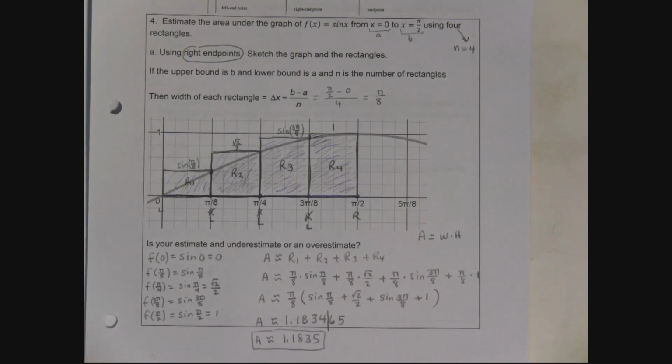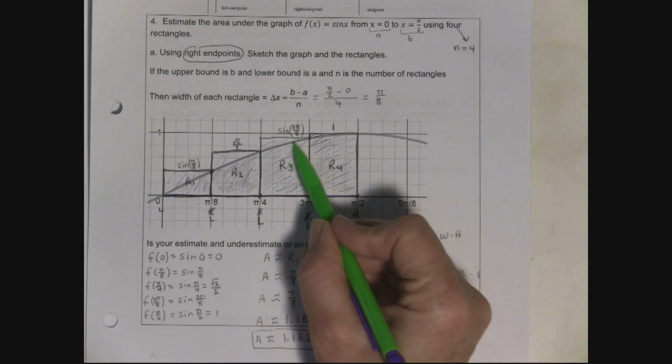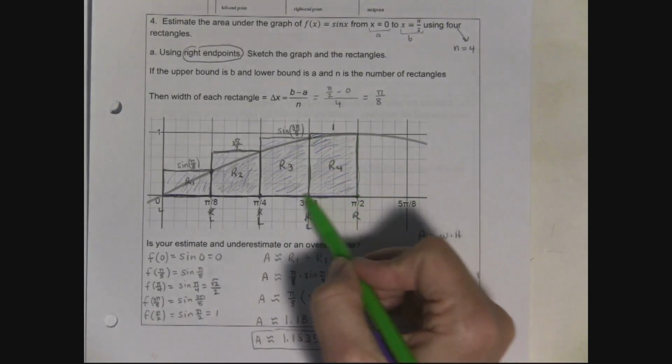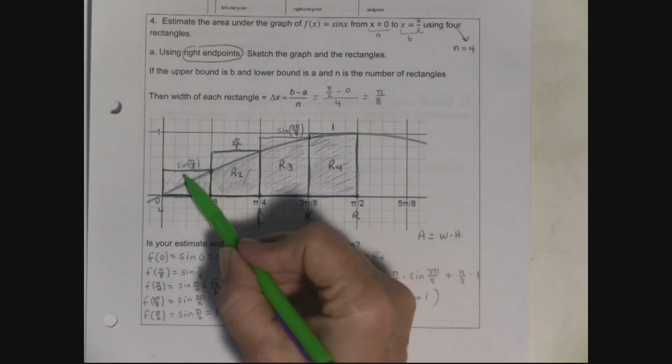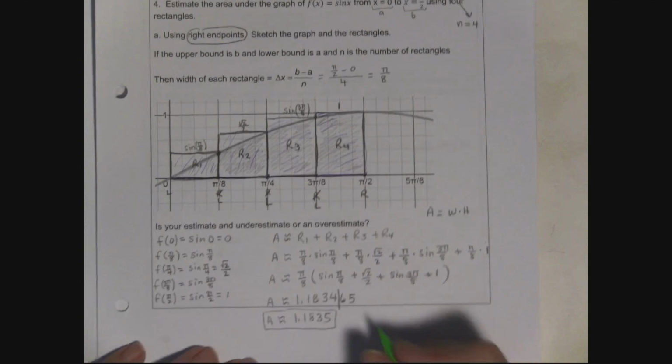I'm not going to do that, but if you want to, you can. I have got the answers up on Canvas, and you can check it out and see what answer you get. They asked, was this an overestimate or an underestimate? You can see that my rectangles are bigger. A little bit go over the top of the area, right? I was trying to estimate this area from this curve to here, and every single one of my rectangles is a little bit too big, and so mine is an overestimate.